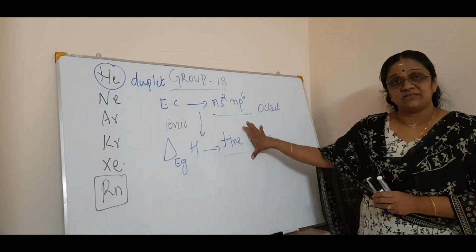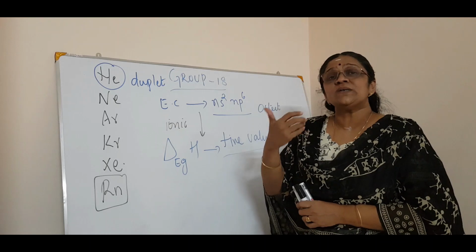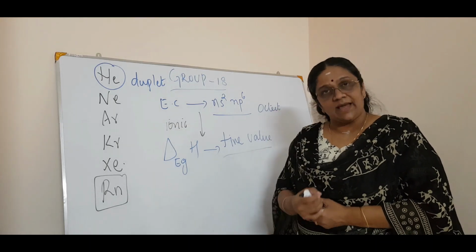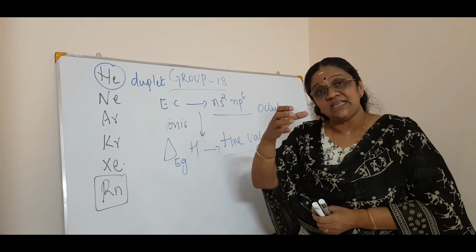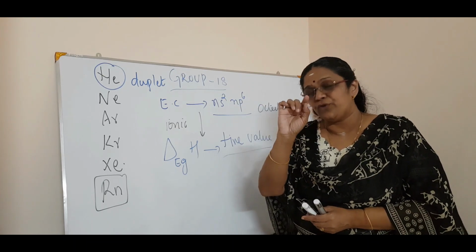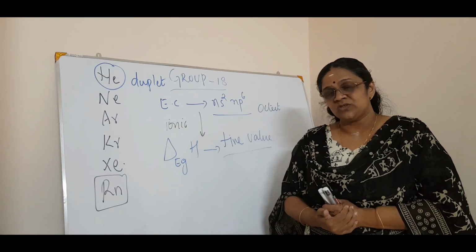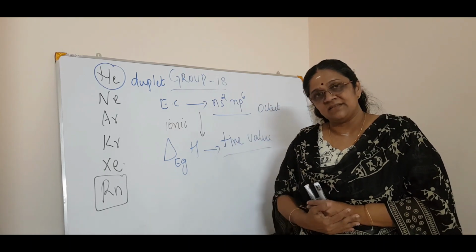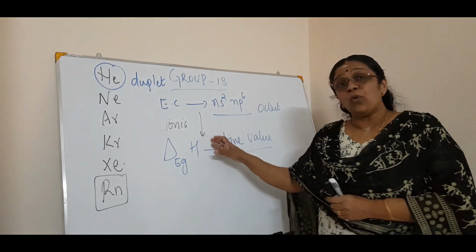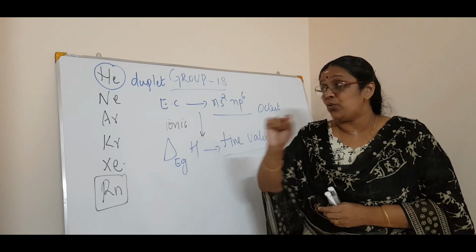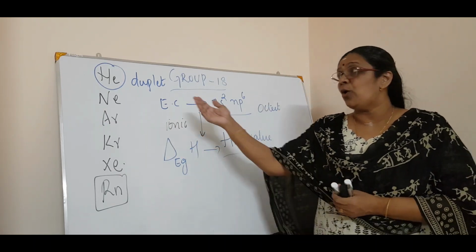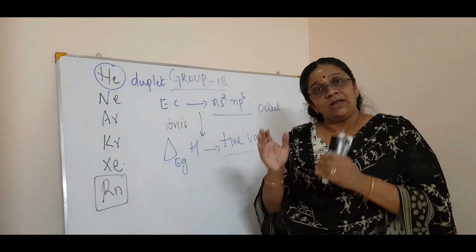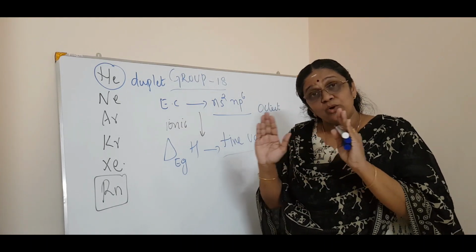That is important. What do you mean by a positive electron gain enthalpy? Electron gain enthalpy means the energy released when an electron is added to form an anion. So energy will be released. But if you want to add an electron to a stable configuration, listen, you know noble gases are stable. Now it is intact. Nobody is going to disturb them.